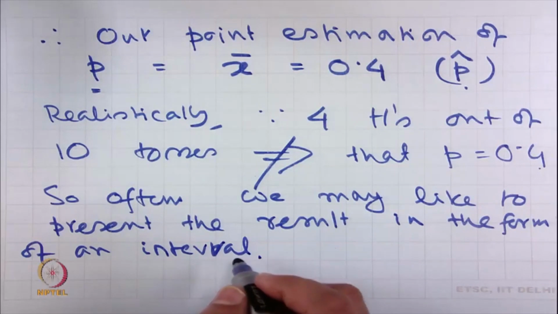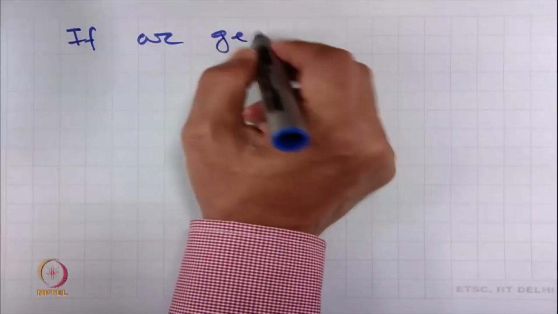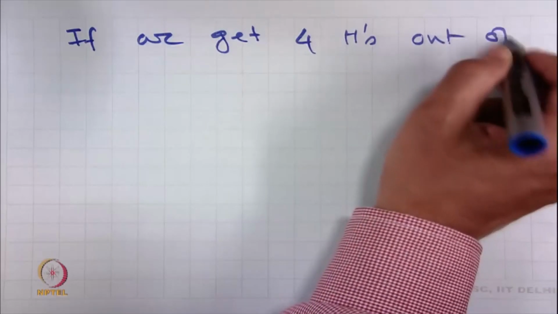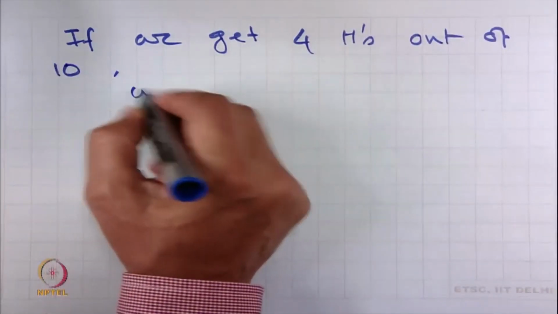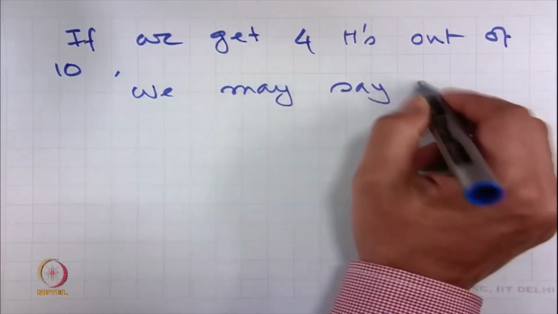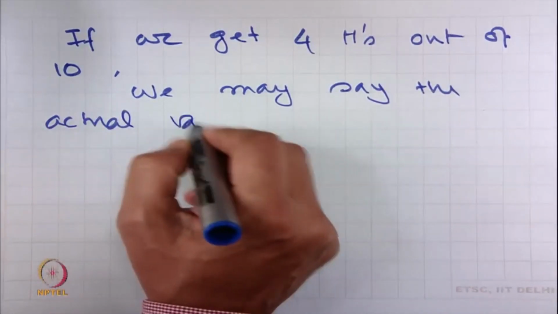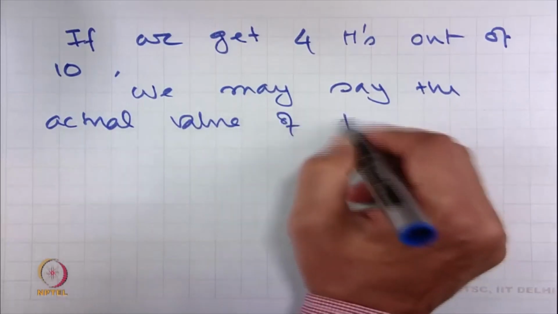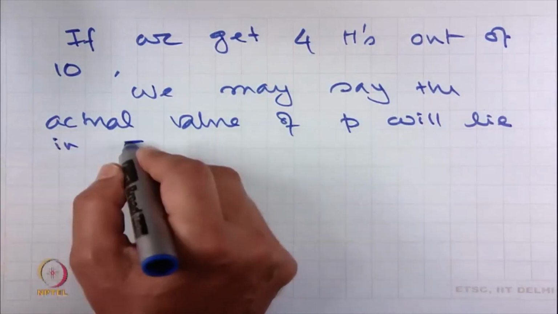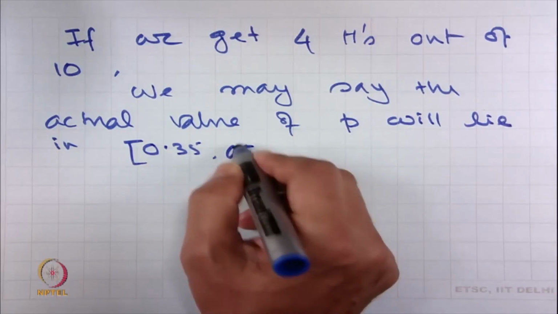Say for example, if we get 4 heads out of 10, we may say the actual value of p will lie in say 0.35 to say 0.55.